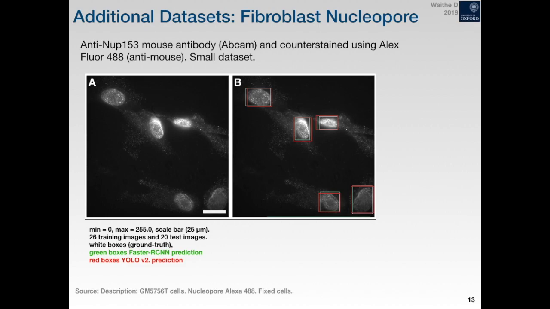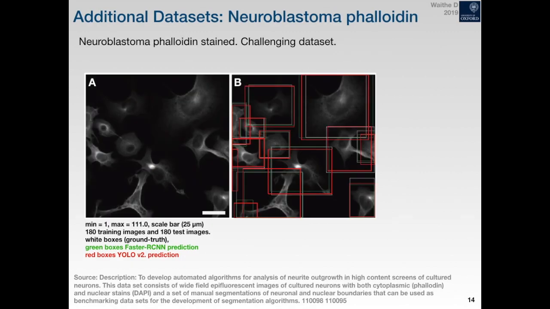And you can see that even though it's very dotty, it does a very good job of localizing the nuclei. And actually, overall, although this data set only had 26 training images, it does extremely, almost perfectly in terms of localizing the cells in the scene. And then here's another very challenging one with large cells which are overlapping, and again it does a very good job visually.